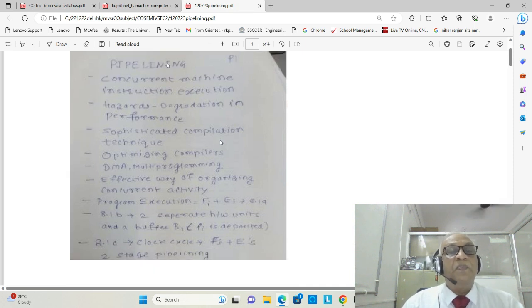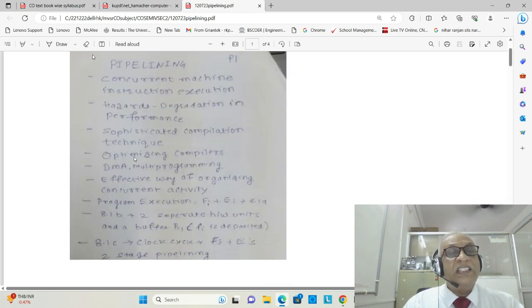So for pipelining, the machine should be designed in such a way that it should have optimizing compilers and sophisticated compilation techniques. We had seen some ways of improved performance with the help of multi-programming concepts and direct memory access. And we know that with direct memory access, input output operations and execution go in parallel.